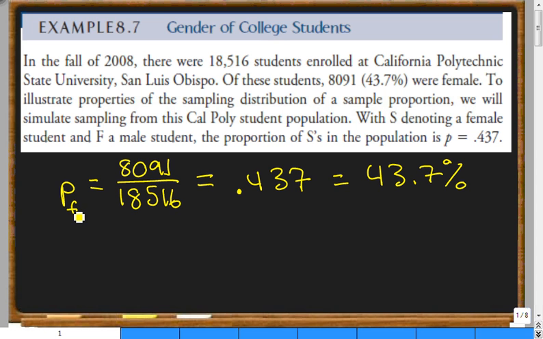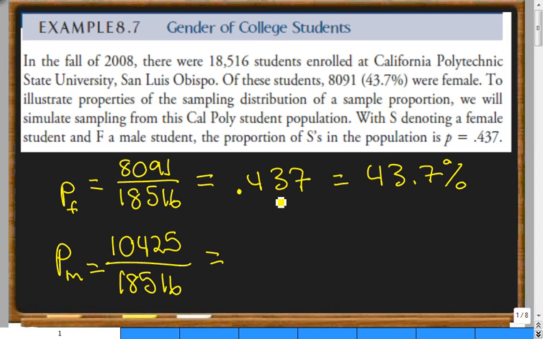So the probability of being a male, if they asked us that question, we would need to figure out the rest of the students would be deemed male. So we're going to be looking at 10,425 out of 18,516, which based off of this math, you should get 0.563.